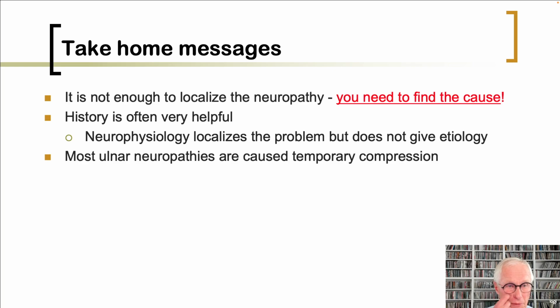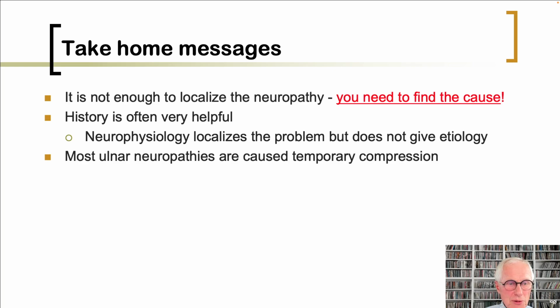So history is very helpful. Neurophysiology localizes the problem, but it does not give the etiology. The site of the neuropathy will suggest the etiology, but we do not have enough studies to really be sure of this.